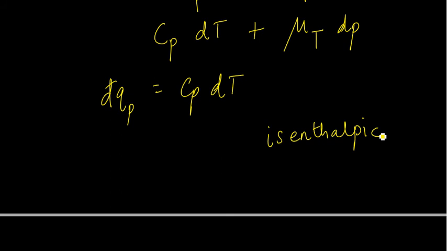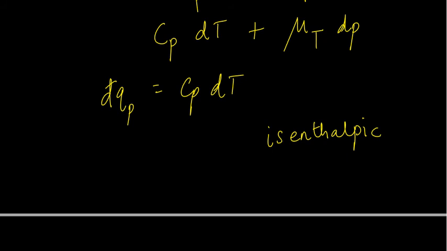And mind you, this was a work of tremendous genius by Joule and Thomson. This is the Joule-Thomson coefficient which we are talking of. In the way I have written it, mu T, that is del H by del P at constant temperature, is called the isothermal Joule-Thomson coefficient.